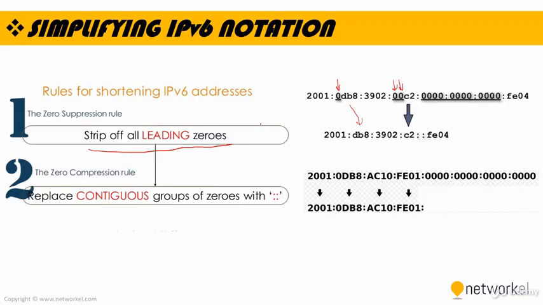The second is the zero compression rule: replace contiguous groups of 0s with a double colon. Please keep in mind that I can do this just one time. As you can see, we have contiguous groups of 0s, and I'm writing just a double colon instead of them.